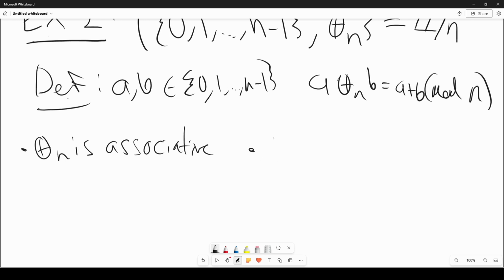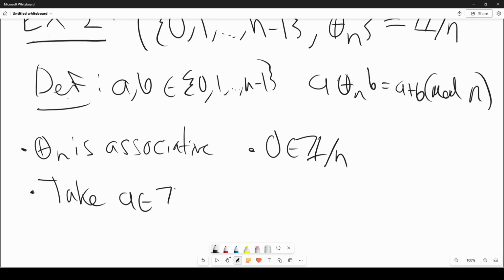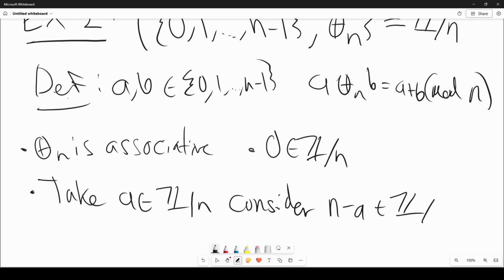We also see that we have an identity. When you add 0 to any other group element, nothing happens. And finally, take some a in Z mod n, then consider the element n minus a in Z mod n. So if a is 1, consider n minus 1. In this case, if a is 0, n minus 0 is n, which is 0 mod n.